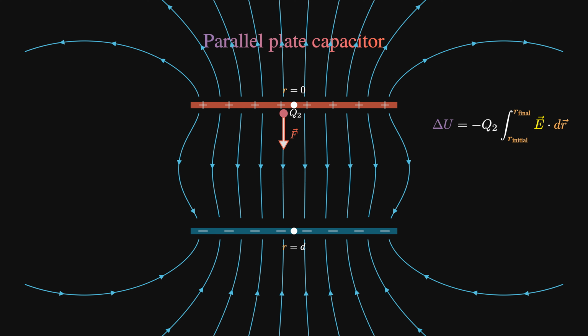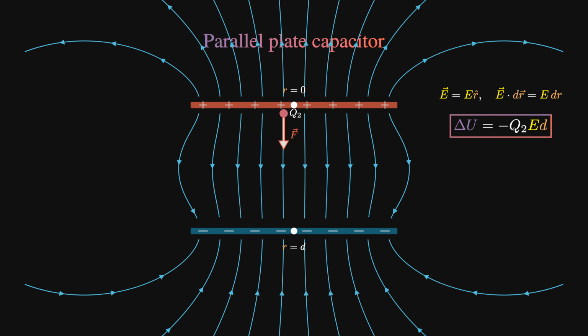Doing this, we get a change in potential energy of minus Q2 times the integral of E dot dr from 0 to D. As E is just a constant times the direction R hat, which is of course in the direction from the positive plate to the negative plate, E dot dr is once again just a constant scalar E times dr. Evaluating this integral, we just get E times R from 0 to D, and if we expand this, we get minus Q2 times E times D. This is another very neat formula.